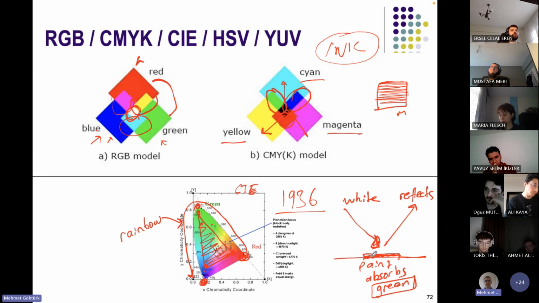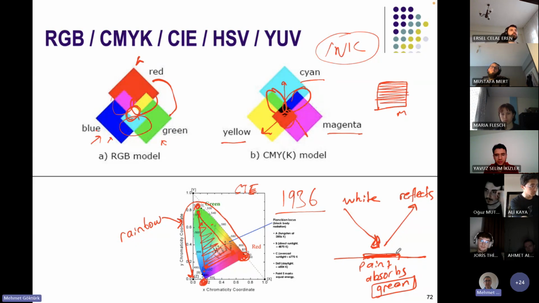So if the paint is absorbing red, it is cyan color. If it is absorbing blue, we call it yellow. Yellow is actually absorbing blue out of white.